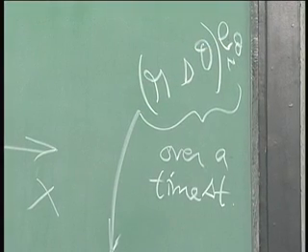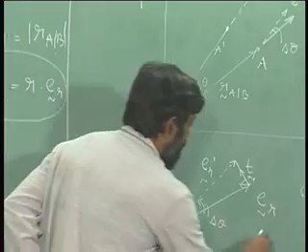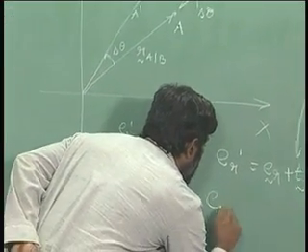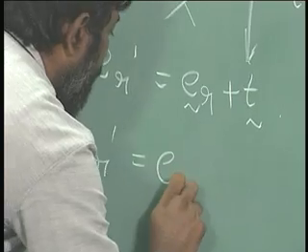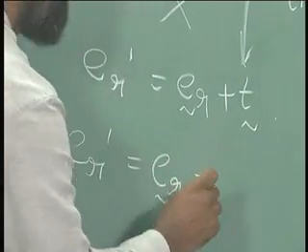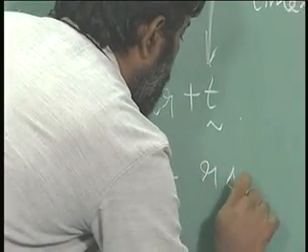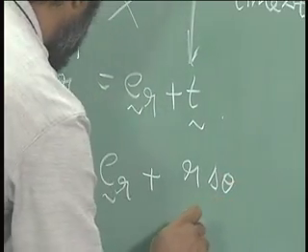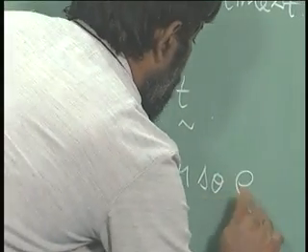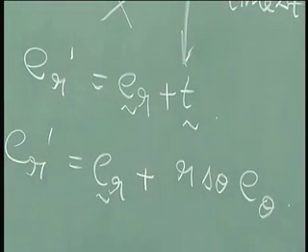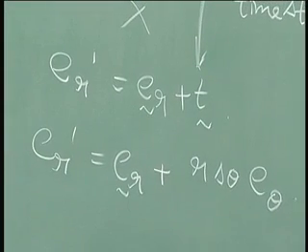To ER. Okay. So, let me just write that down here. ER prime is nothing but ER plus r delta theta E theta, right.